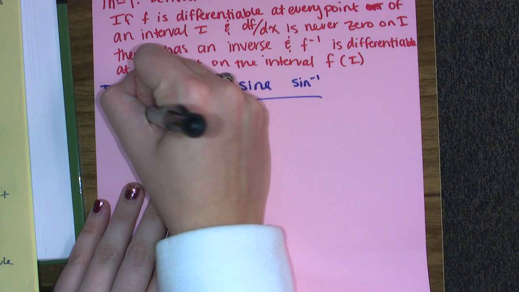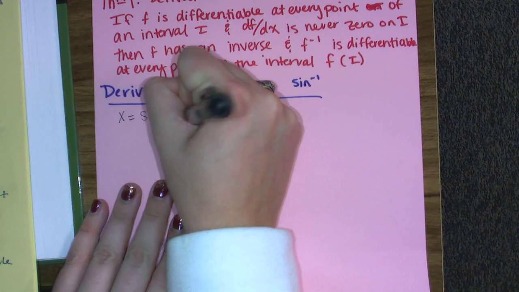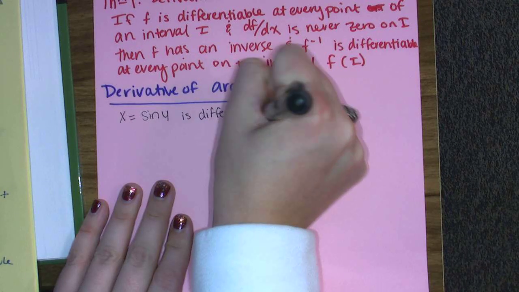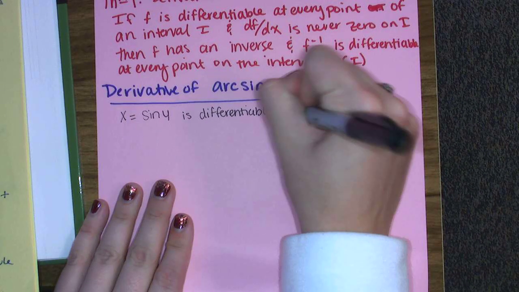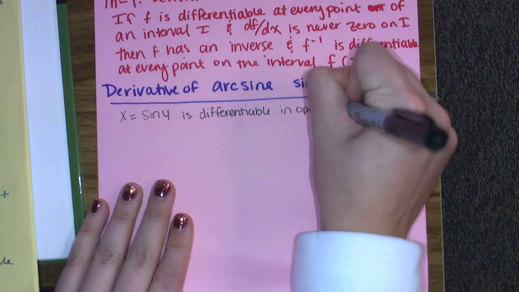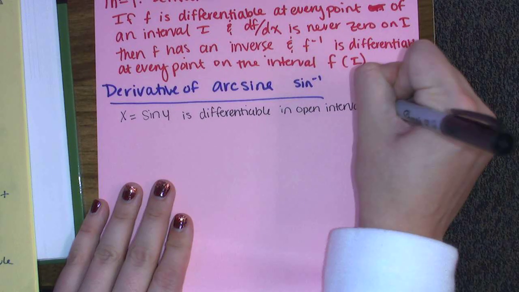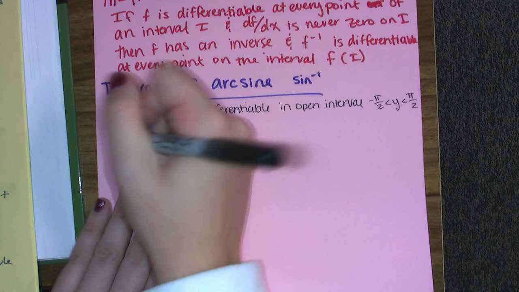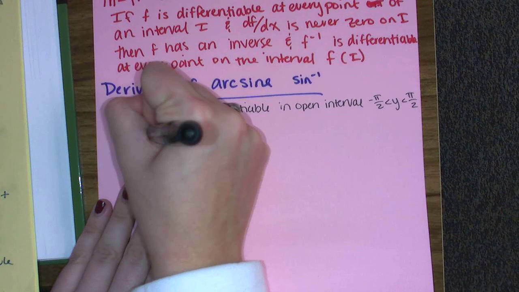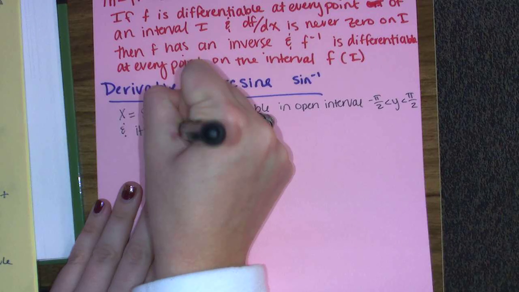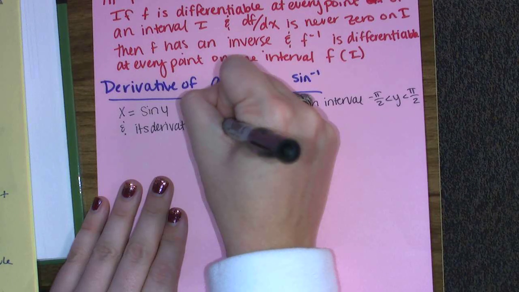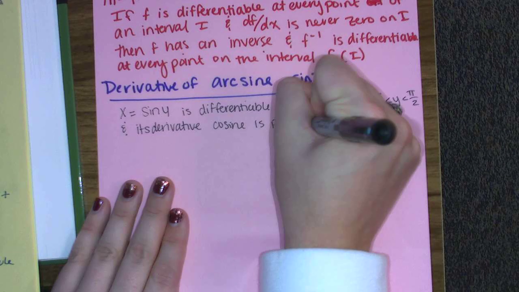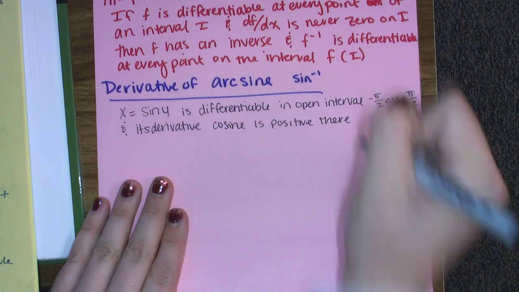So x is equal to the sine of y is differentiable in the open interval negative pi over 2 less than y less than pi over 2. And its derivative, cosine, is positive there. So that's already stuff that we know.